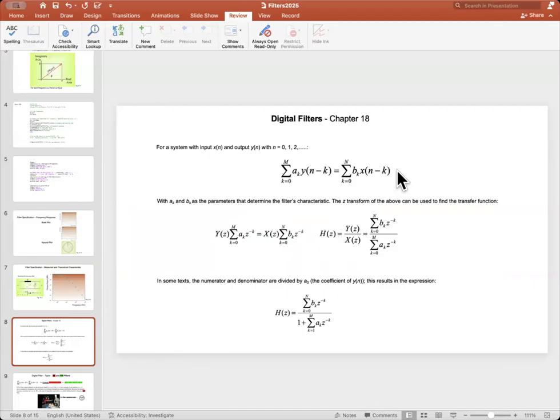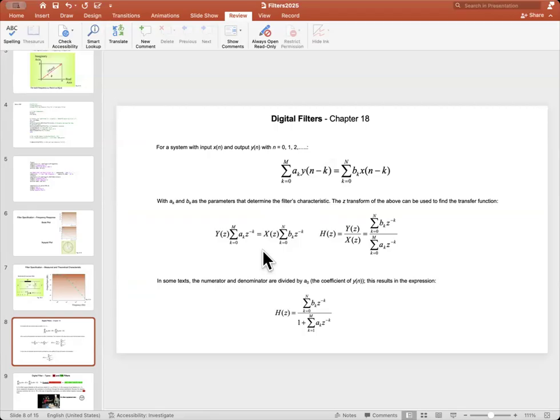Now you can transfer this into the z domain pretty easily. This becomes capital X(z) and this becomes capital Y(z). Since the lags are characterized by z to the minus k, we can simplify this equation into the one you see on the second row on the left side.